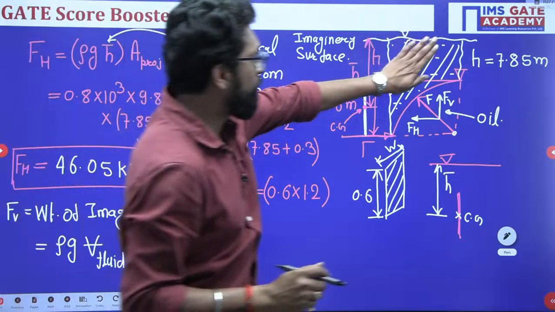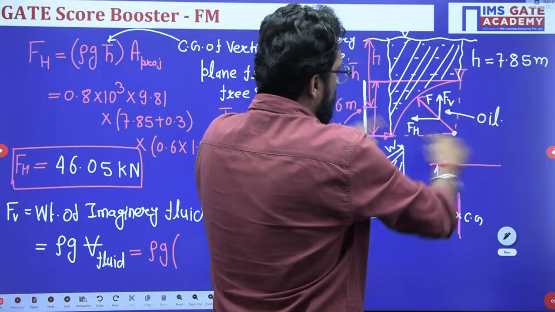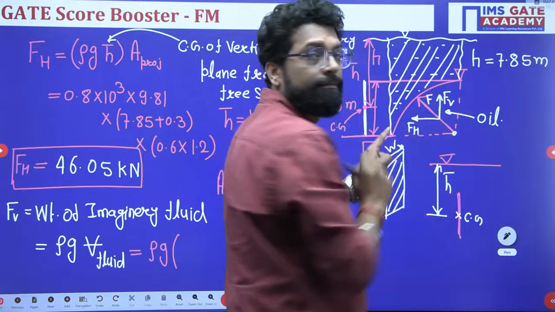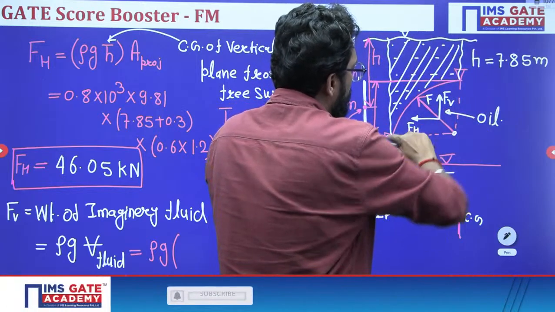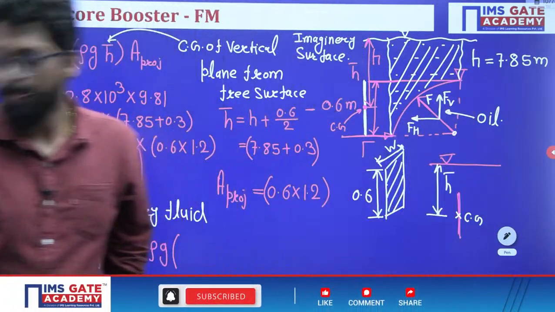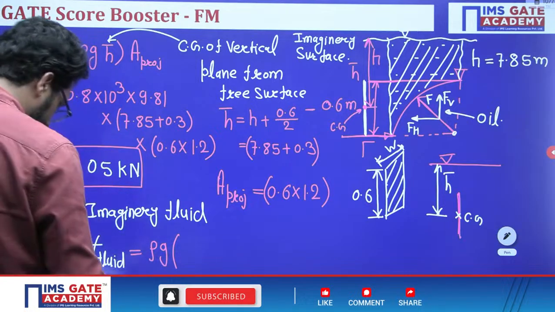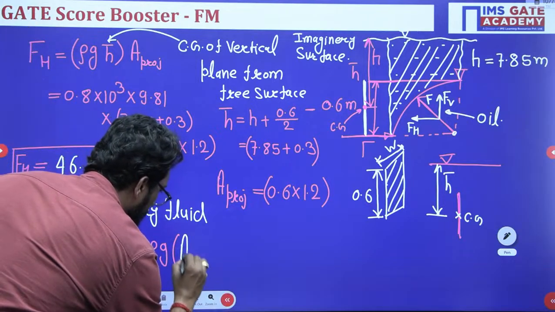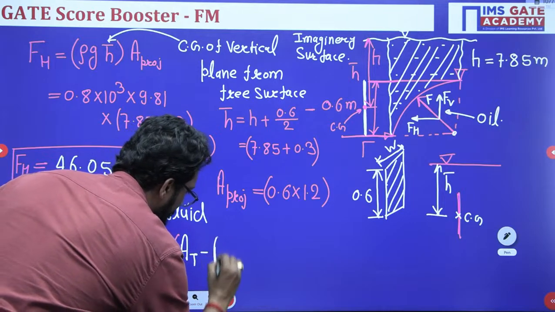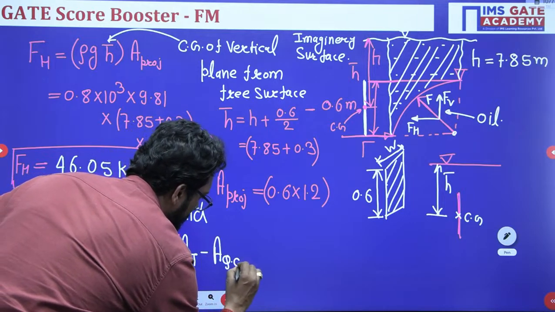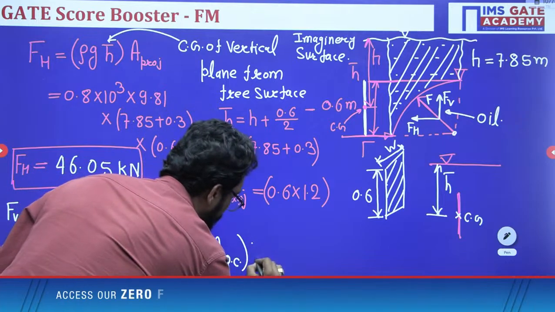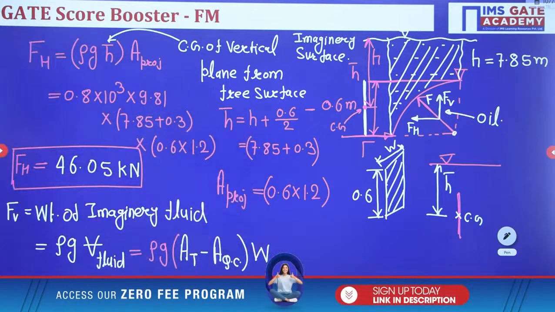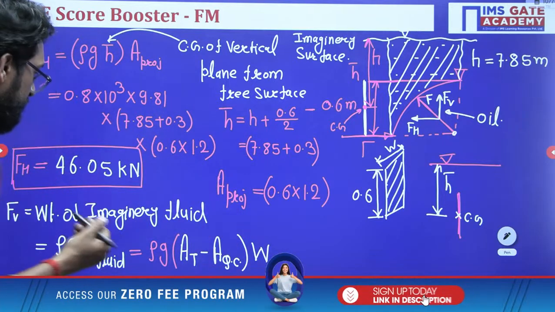If you calculate this volume, it is the total volume minus the volume of the quarter circle. Total area minus area of quarter circle, into width. That is your volume.